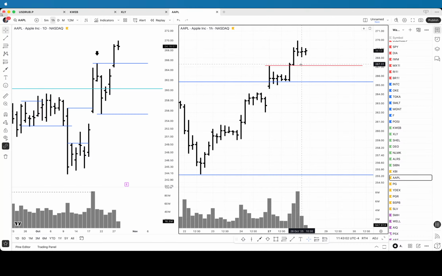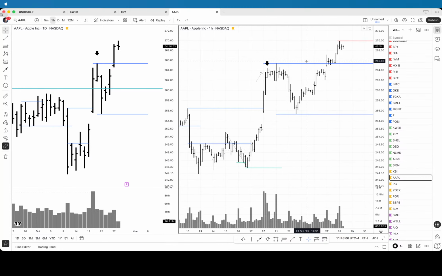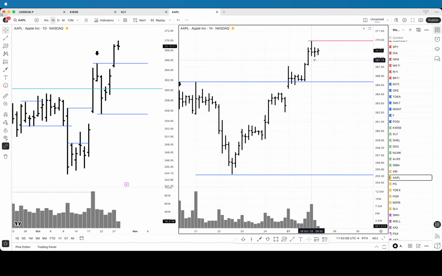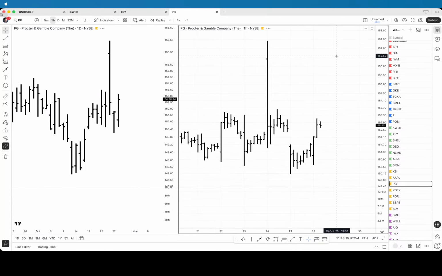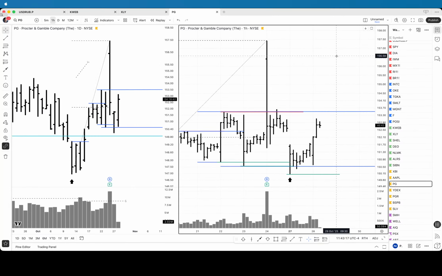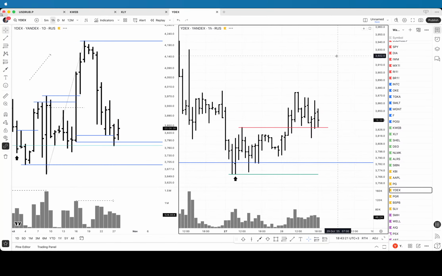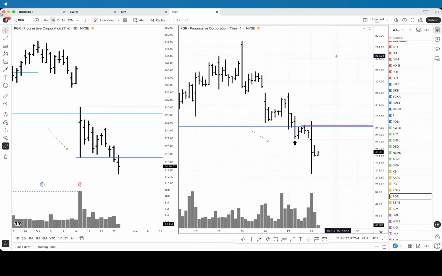Break. Even bigger volume. Look at this booty. Just look at it. It's gonna break, I think. Bounced. Progressive. Goes down.